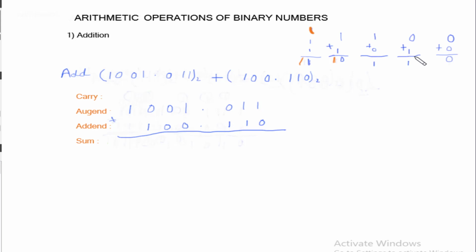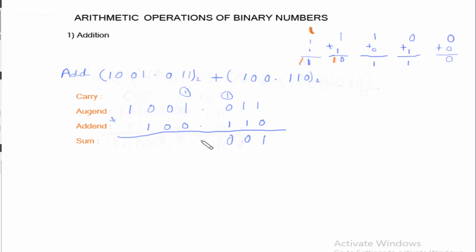So 1 plus 0 will get us 1. 1 plus 1 we will have to write 0 and 1 will be carried. So 1 plus 1 will get us again 0, and 1 will be carried from the fractional part to the integer part, and the point will retain its place.